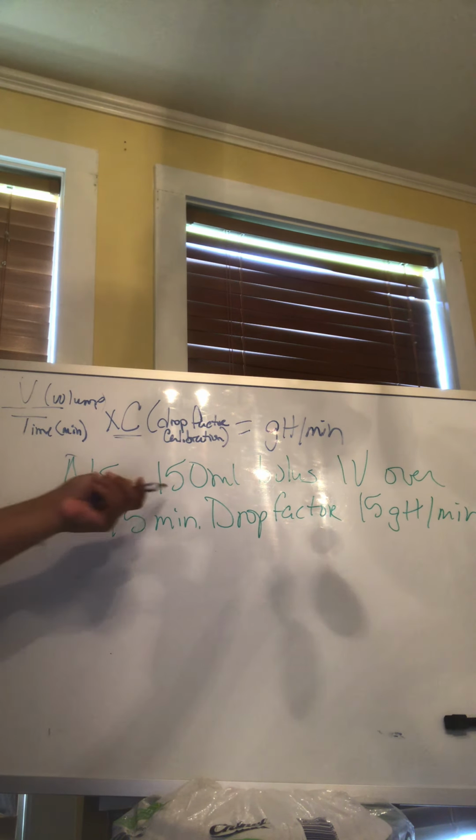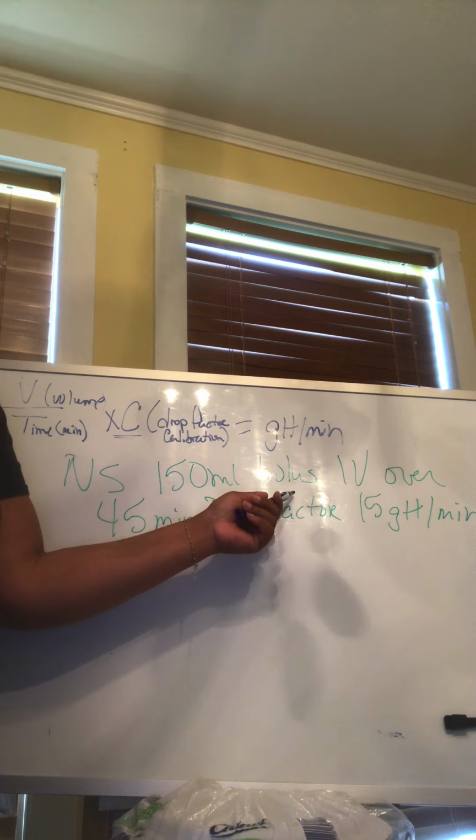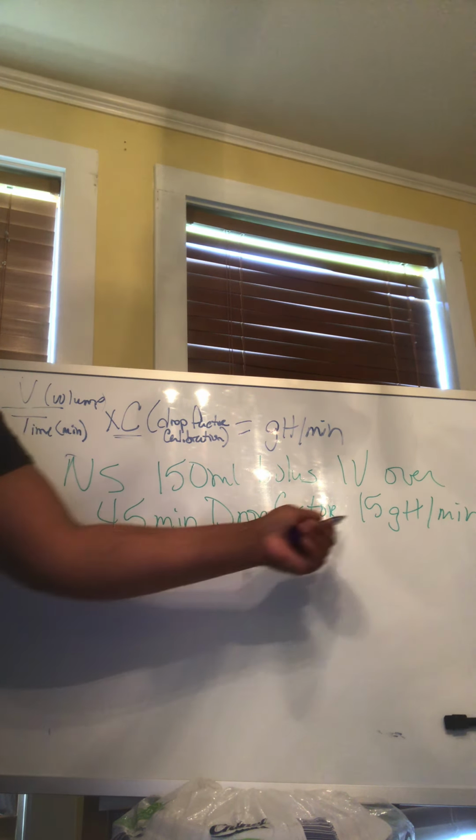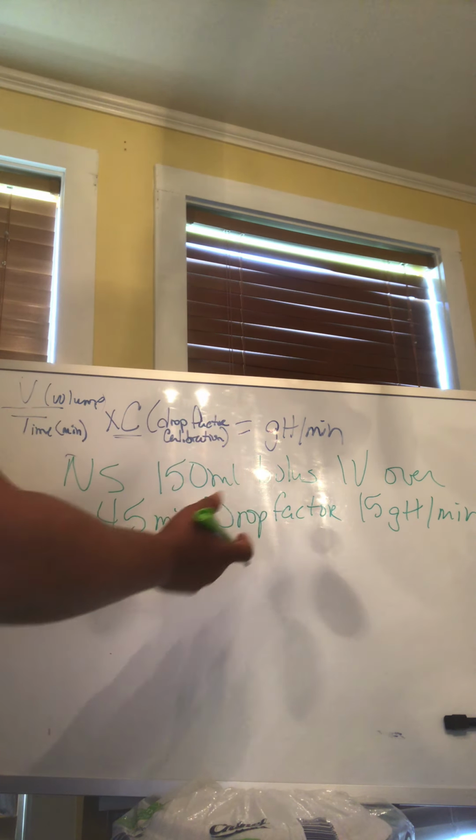Okay, so normal saline at 150 milliliters bolus, so this is a bolus, IV, over 45 minutes with a drop factor of 15. So we're going to work it the same way.